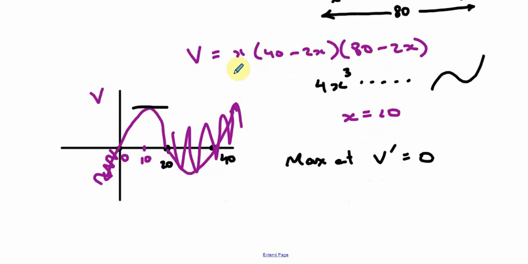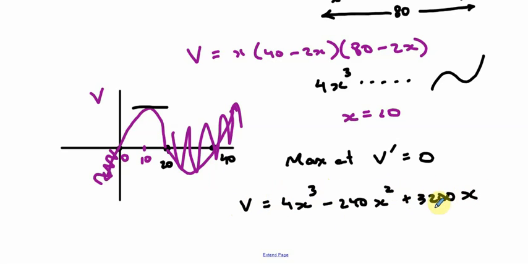So to make it easier, I'm going to expand out these brackets and then differentiate. I did this ahead of time. When I expanded out the brackets, I got 4x cubed minus 240x squared plus 3,200 times x.